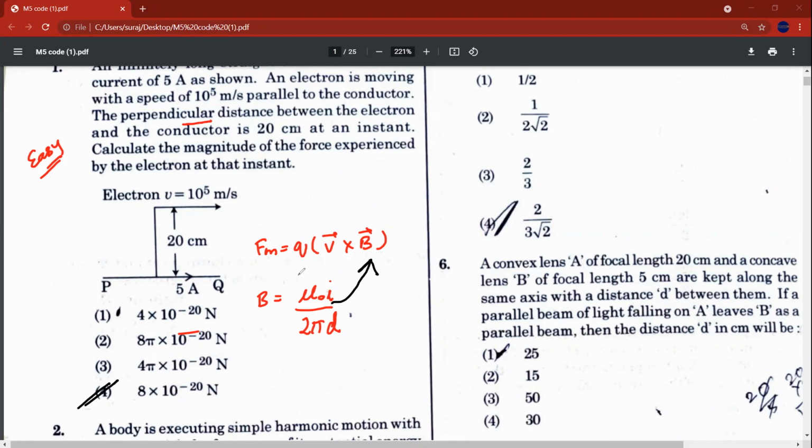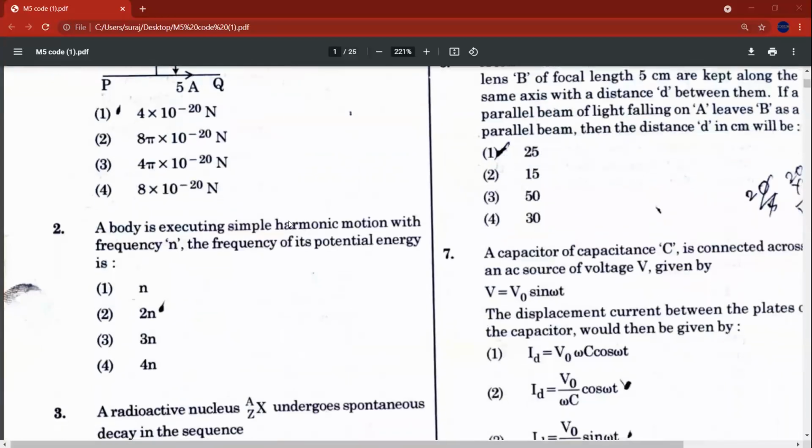Okay. Next, coming to question number 2. What is given here? A body is executing simple harmonic motion with frequency n. The frequency of its potential energy is? Frequency is the number of cycles per second, right? In 1 second, it is making n cycles. This is one complete cycle.